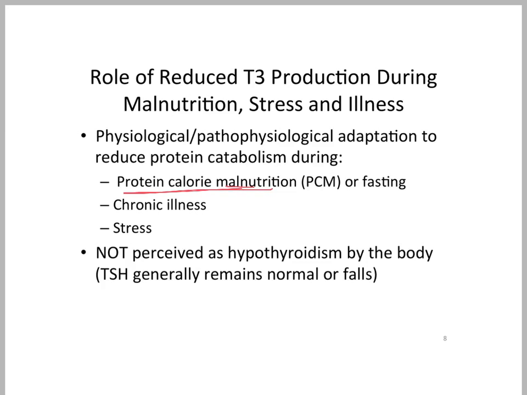In addition, in situations where we have chronic illness or what we call non-thyroidal illness, meaning that it's not associated with some problem with the thyroid directly, sometimes called NTI, this will also lead to a reduction of T3. And why would this happen?